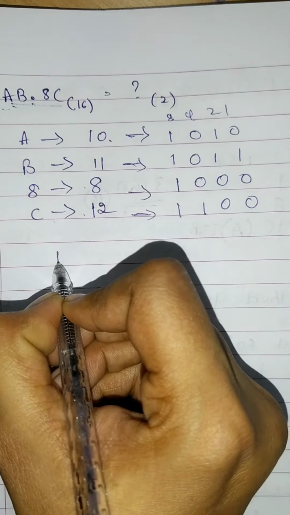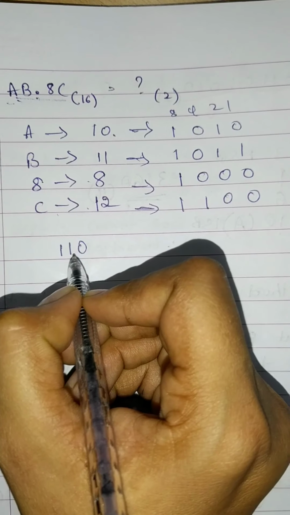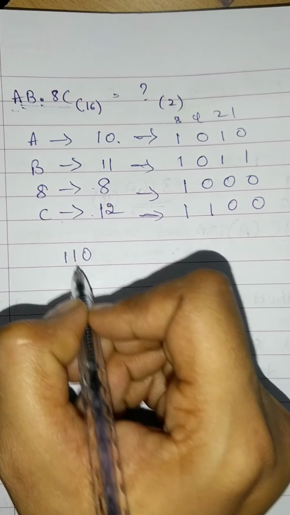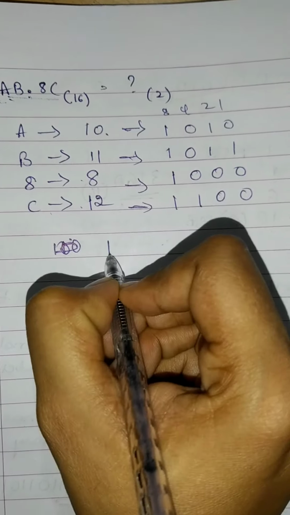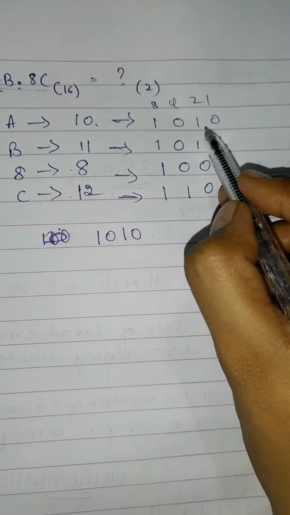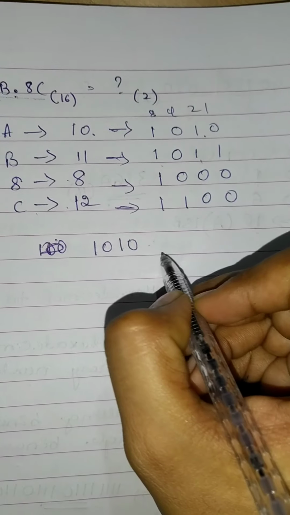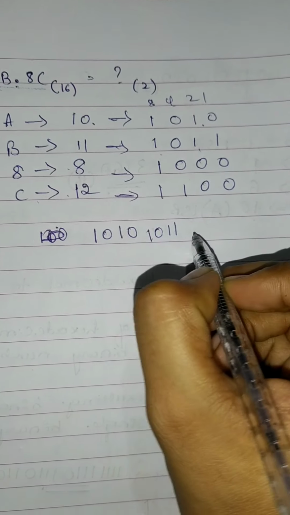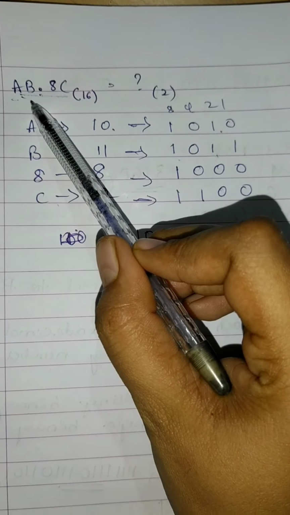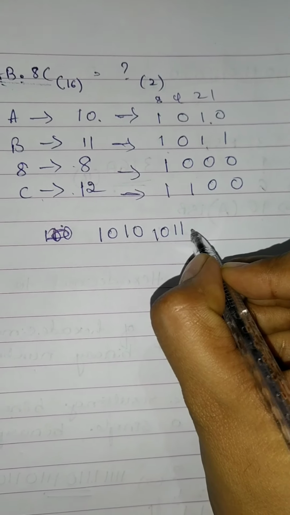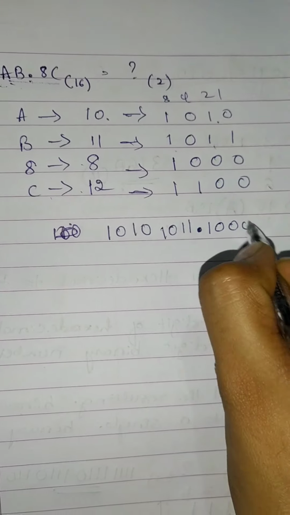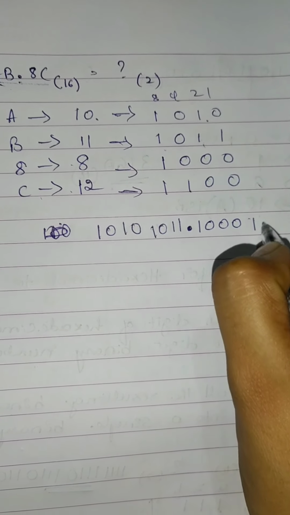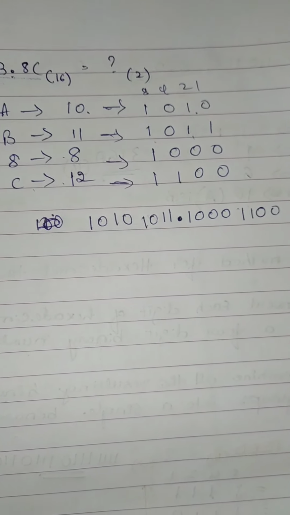So we write the first two digits' value, 1010, and again the second one, 1011. After writing the two digits we put the point. Then 1000, and for C it is 1100.